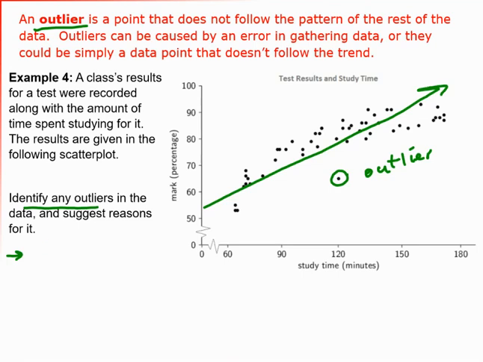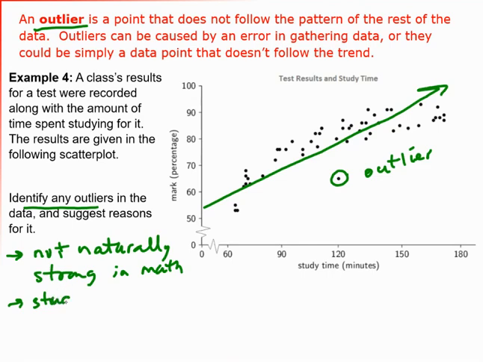Well, they are just not naturally strong in math. Maybe they studied the wrong material. That happens, eh? Sometimes you just study the wrong thing by mistake. What else could be?